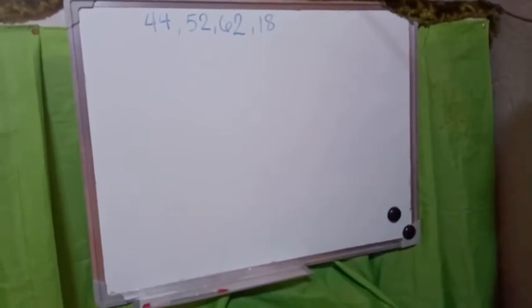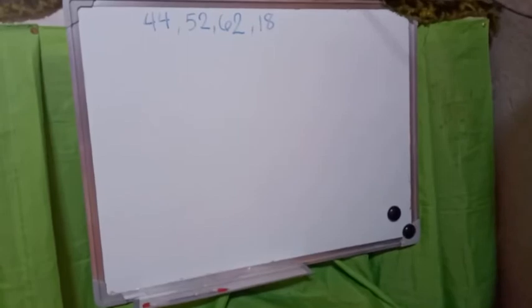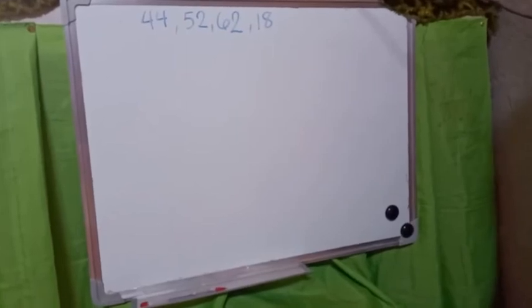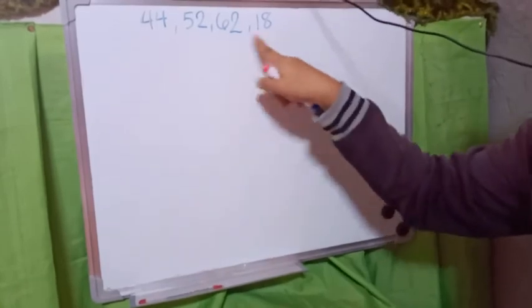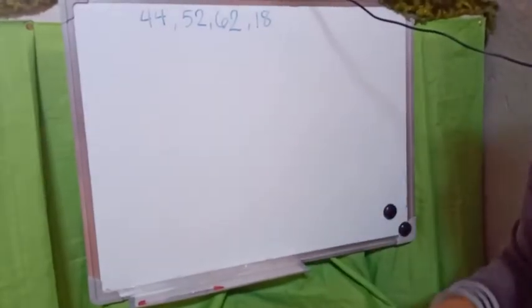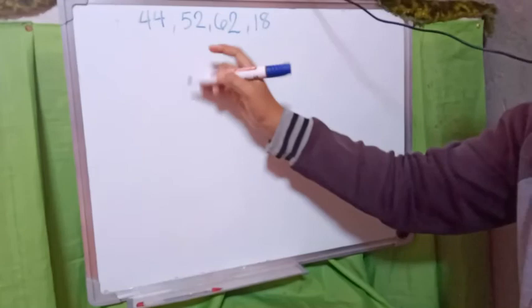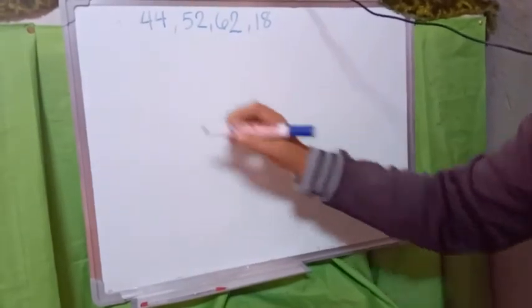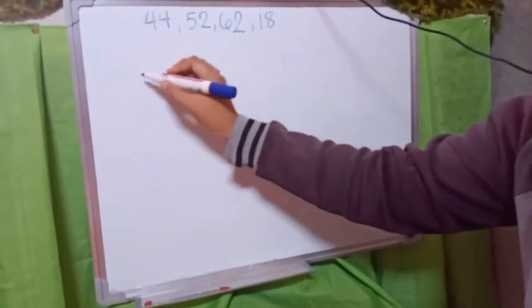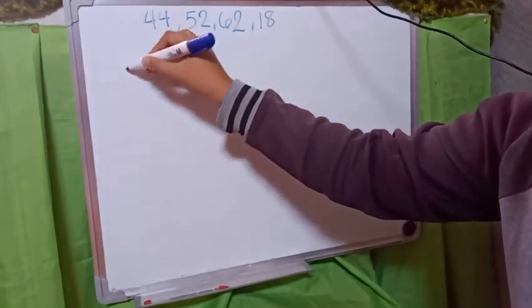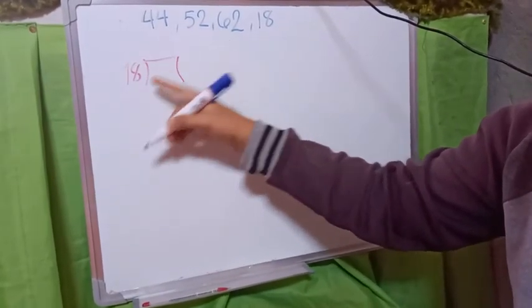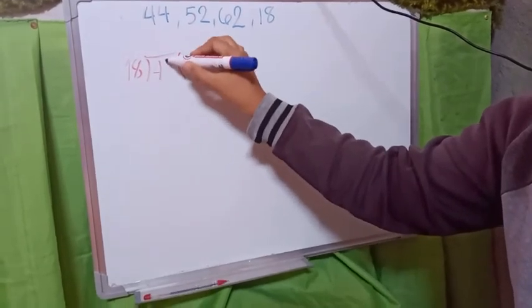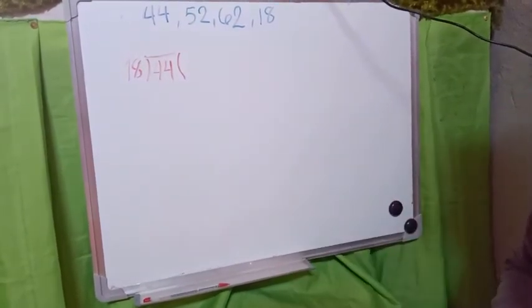We'll start with the smallest number going to the biggest number. So, first you need to identify what would be your first and second smallest numbers. Okay, very good. That is 18 and 44. So, we need to use these in our continuous division. So, we have 18 as your divisor and 44 our dividend.